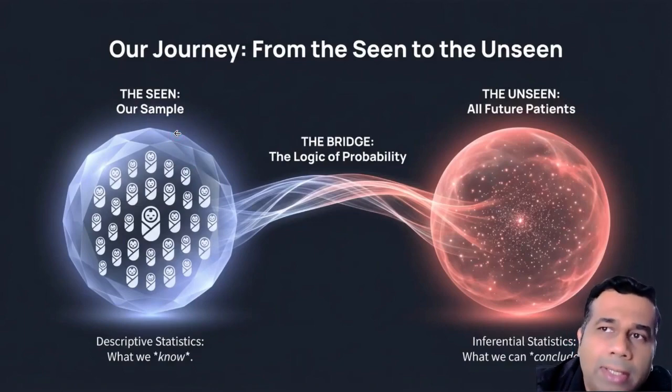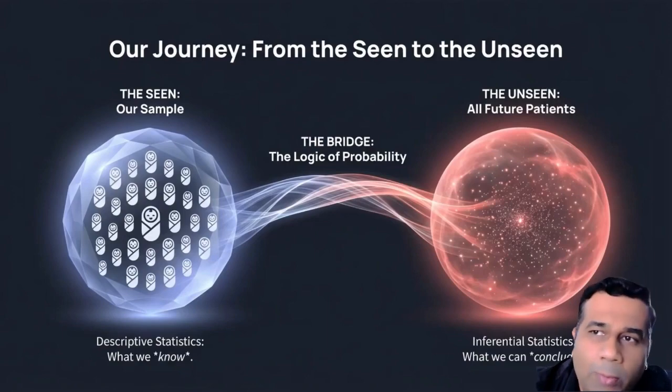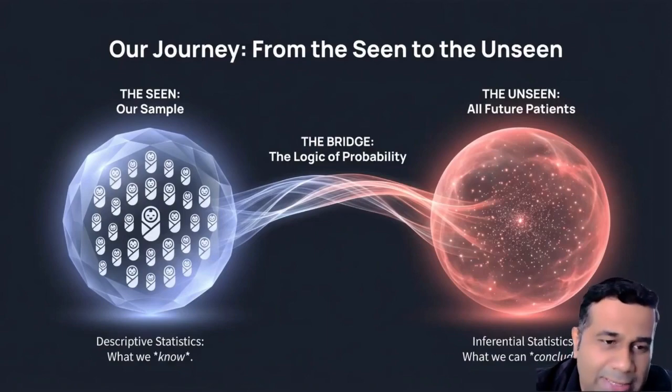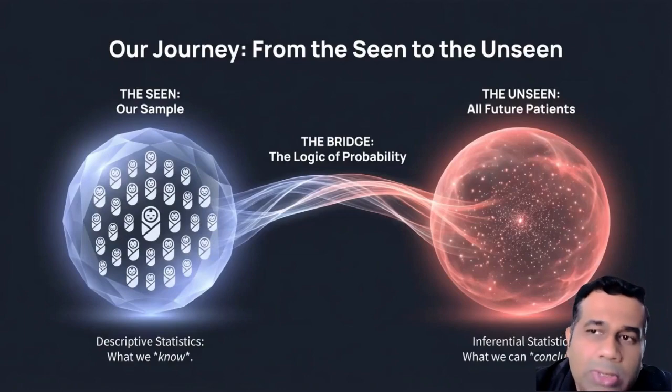Based on these 50 infants, we got some data, and we represent this data in the form of results, tables, visualizations, and various interpretations of this data. This is called descriptive statistics. Okay, so this is what we know.